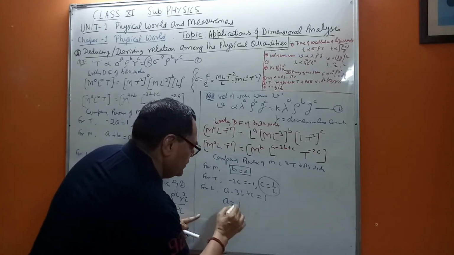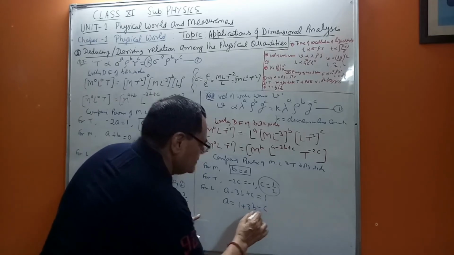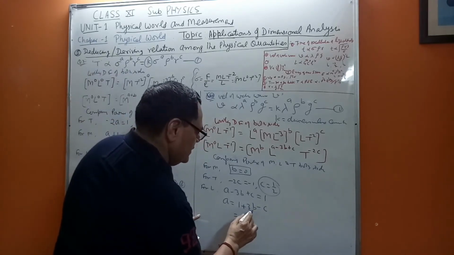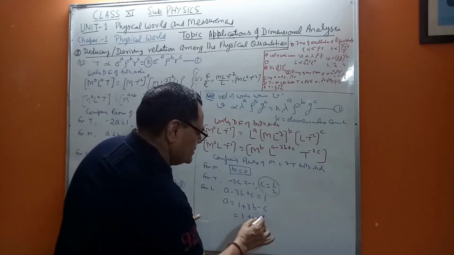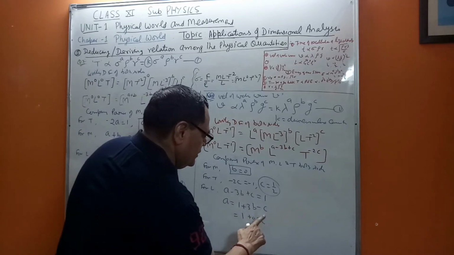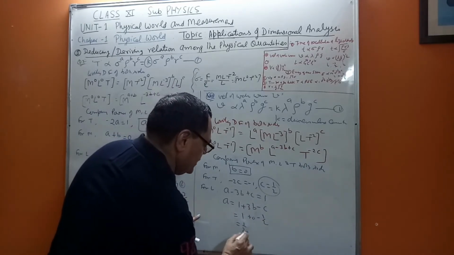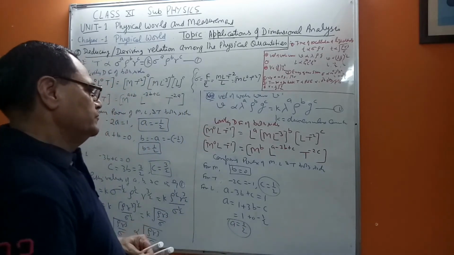So A is equal to 1, and the 3B goes this side, so plus 3B and minus C. Alright. So B was already 0, so 1, plus 0, and minus C, and C was having value half only. So 1 minus half means you are left with half. So A is having value half.